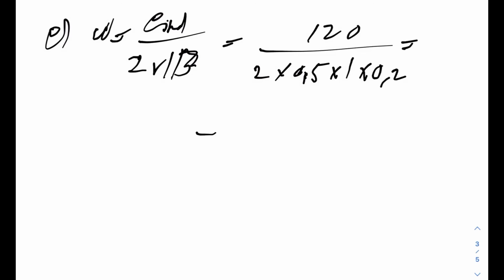So the answer will be what? 600 rad per second. Notice that when the flux in the machine is decreased, its speed will increase.